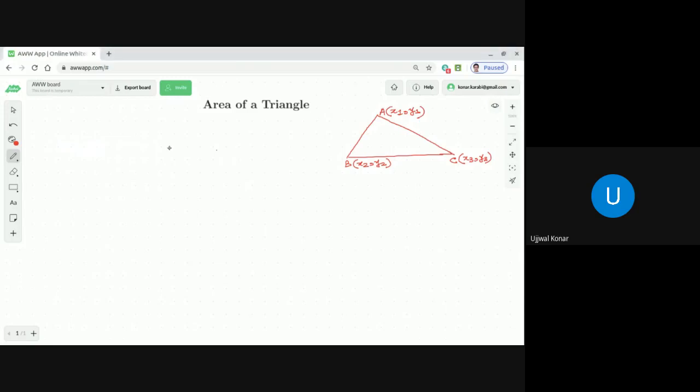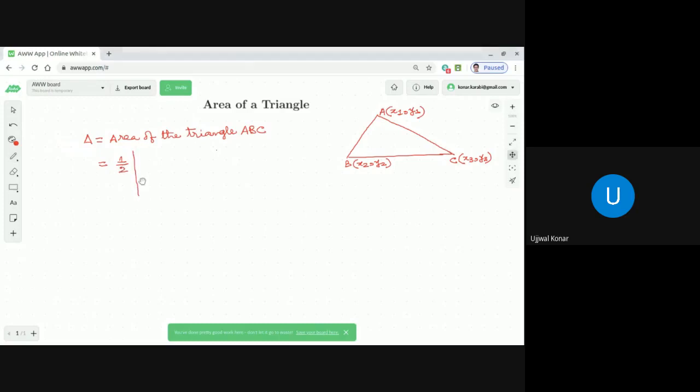If we define delta to be the area of the triangle ABC, then delta is equal to 1 by 2 into a 3 by 3 determinant.